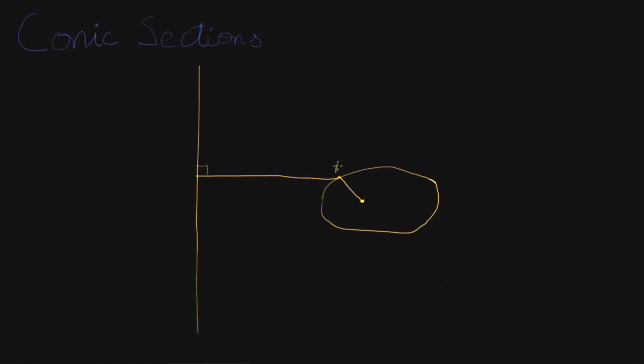Let's just call this point P for a point in the curve, and this point is F for the focus, and let's just call this point M. You would find that the ratio PF by PM is always a constant. And we can extend this to all other cases, all other curves as well.